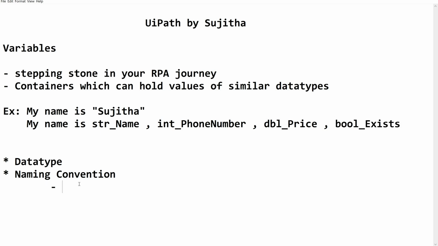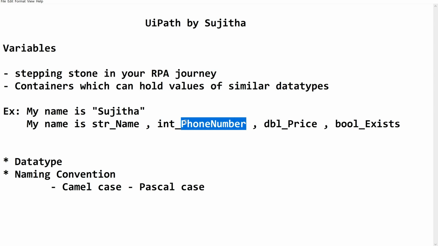The straightforward rule is you have to go with Camel case, or we can name it as Pascal case. In phone number, P is capital and then all small, and N is capital, then all small. So you can go with Pascal case.